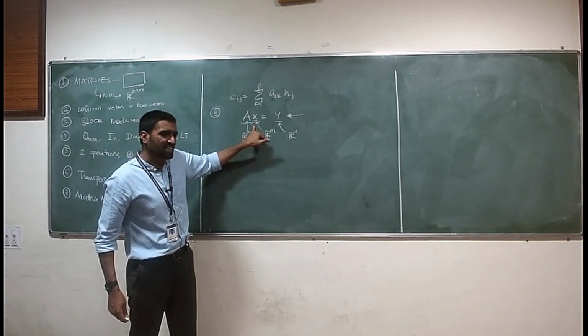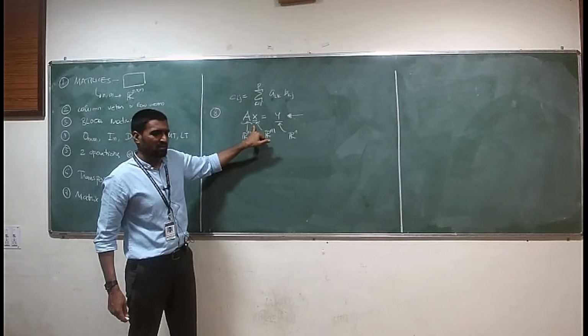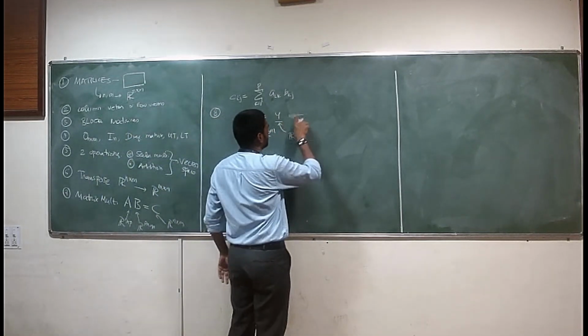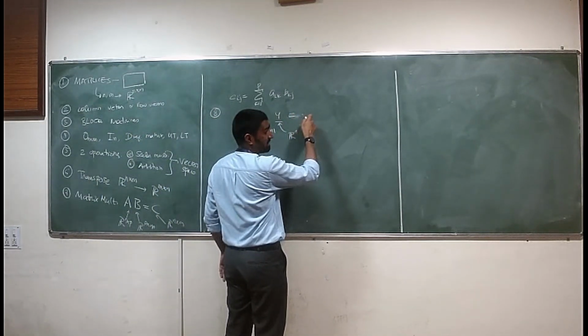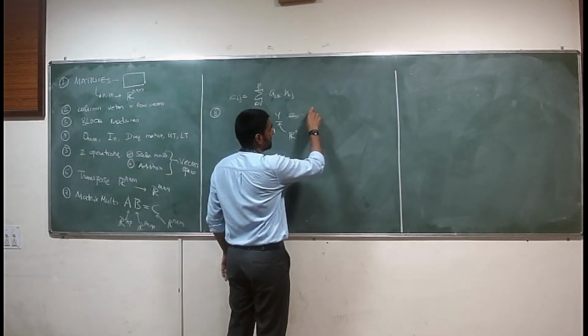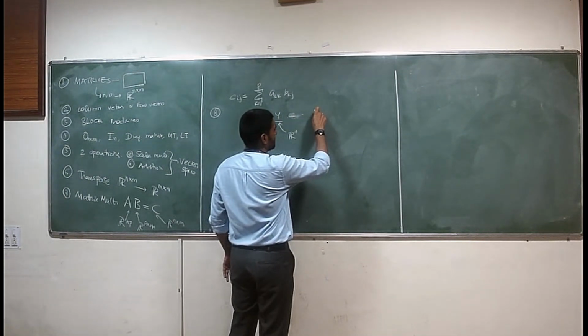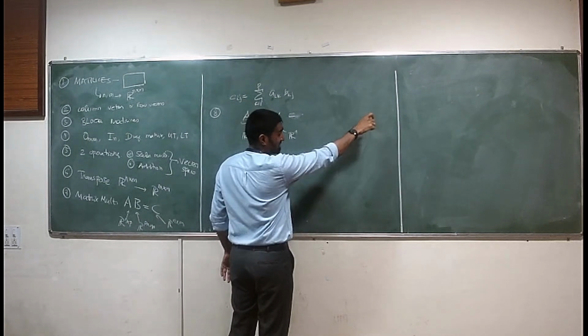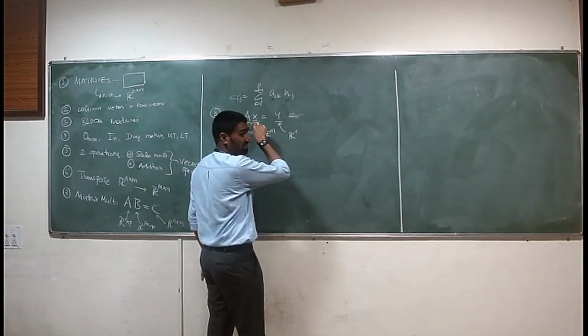And what is the role of x here? So y will simply be equal to what? Can you tell me the exact expression in terms of the columns of A and the elements of x?